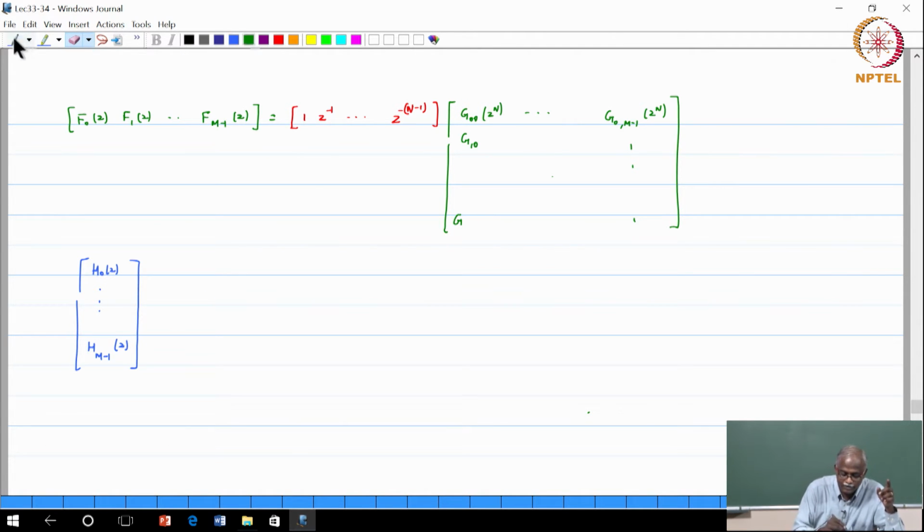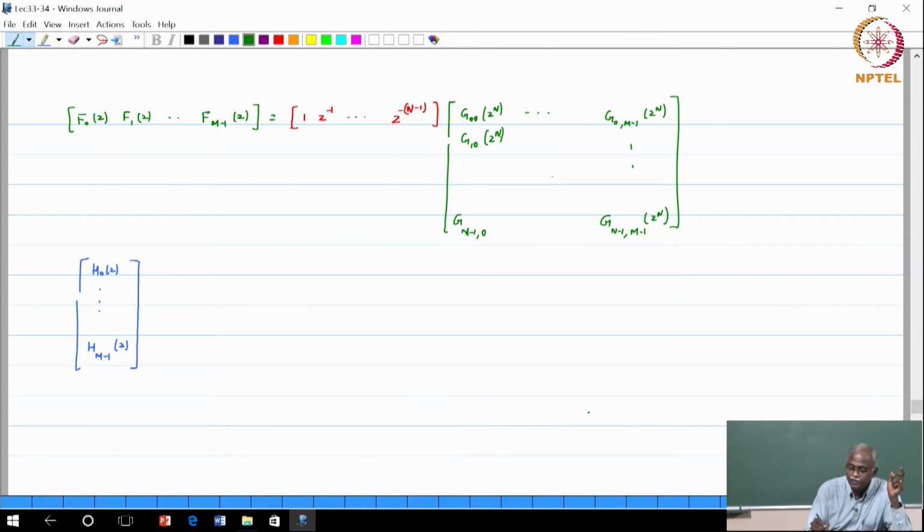Yeah, it is n minus 1. G n minus 1 comma 0, then I better write the last one also so that there is no confusion. This one should be G n minus 1 comma m minus 1 z raised to the power n. Okay, these are all z power n terms.